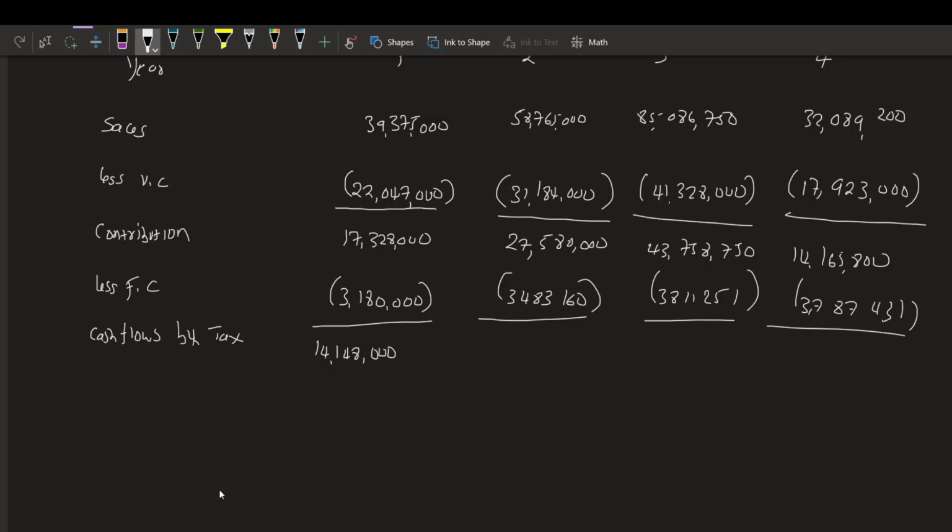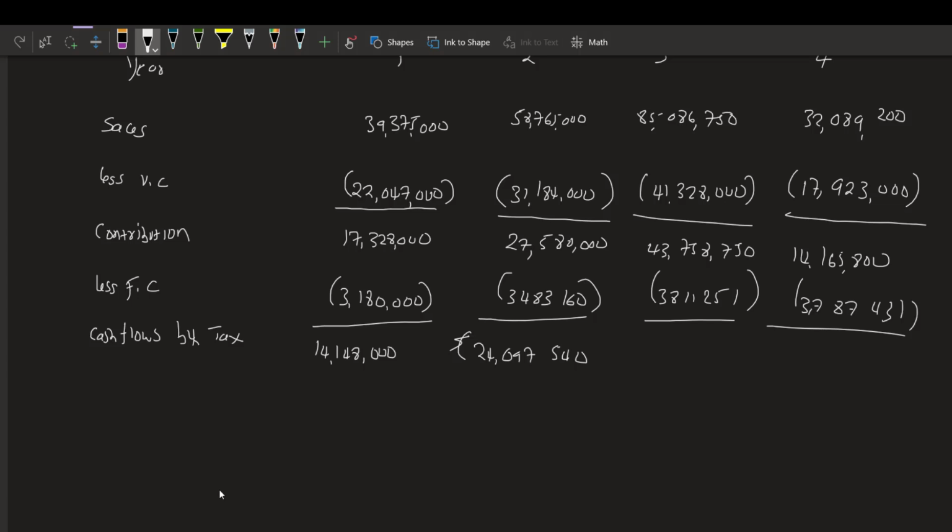Next, we have 27,580,700 minus 34,83,160. This is giving us 24,097,540. This is positive, not negative.